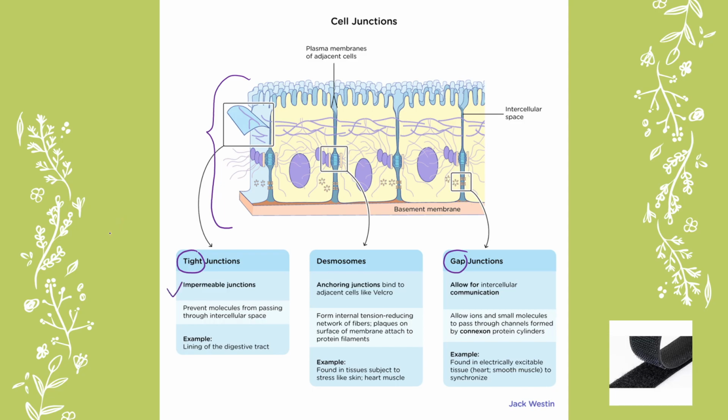When we say impermeable, kids, nothing could get through, other than perhaps the regulated movement of water. Basically, this is the function of your tight junction: it prevents molecules from passing through your intercellular space. One best example of organs having tight junctions would be the lining of your digestive tract and even your urinary bladder.